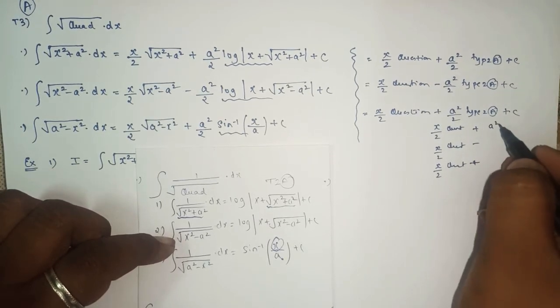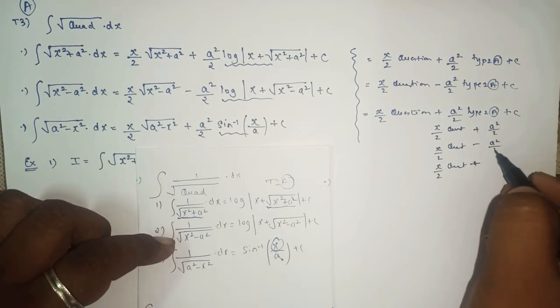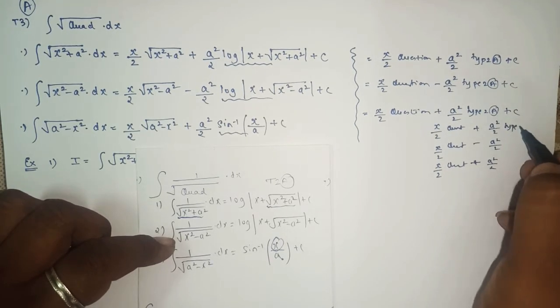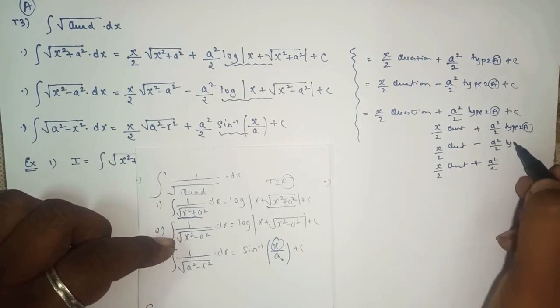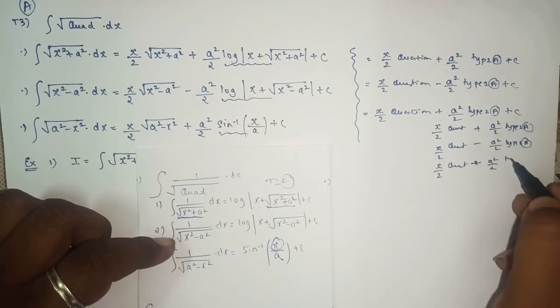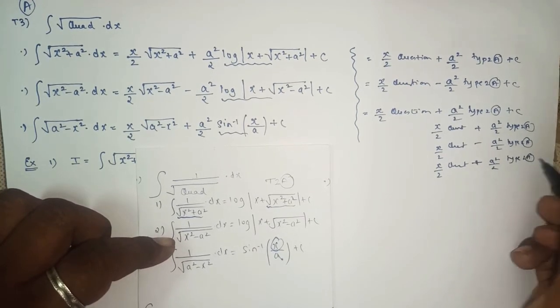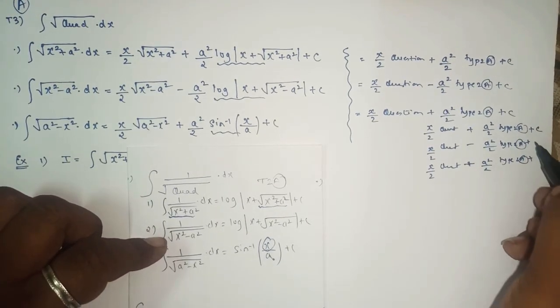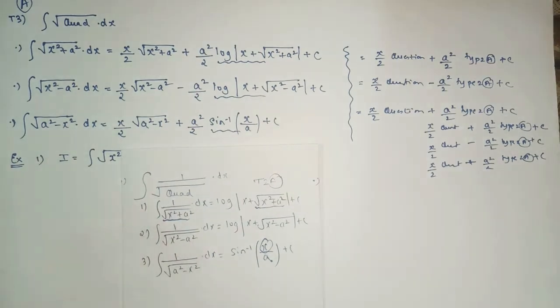Then after that it is a square upon 2, common in all three. Then here the formula is what? Type number 2a formula in each case, and then plus c you can write. Okay, so in this way you can remember your type number 3a formula.